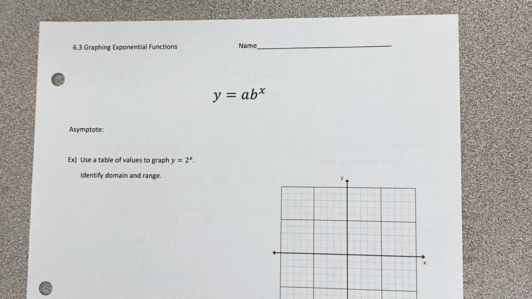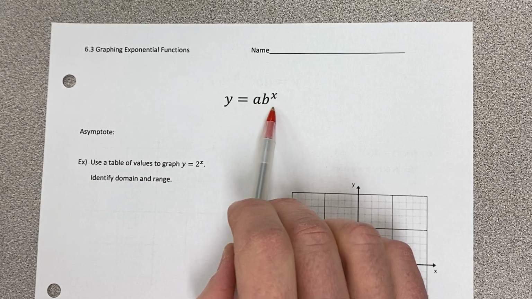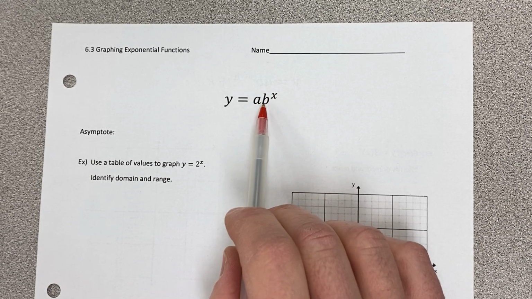How you doing? Sorry I can't be here today, but I would like to explore graphing exponential functions in this video for you, and I think you'll kind of enjoy it maybe. So this should look familiar from yesterday. This is the exponential growth function formula.